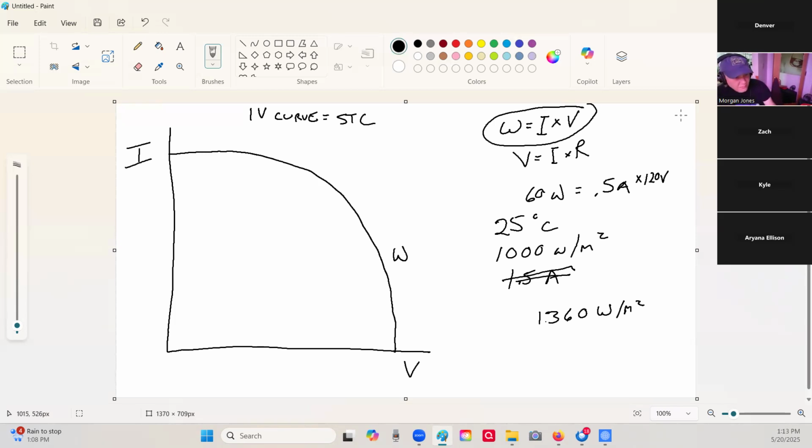But what's funny about the solar constant is it's not constant. It varies over the course of the year. And why does it vary? It's because the Earth travels in an elliptical orbit around the sun. So when it's further away, it's less. When it's closer, it's more. But it's around that. That's the average.